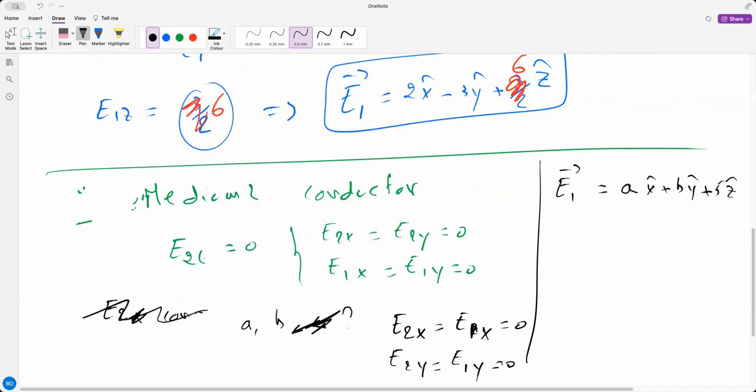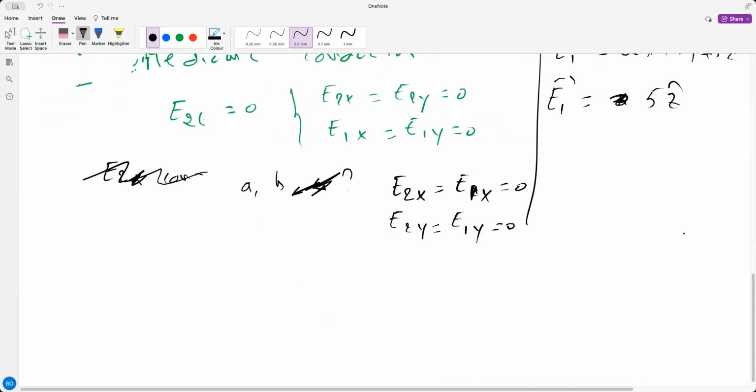So this means that E1 will have no component along X and no component along Y. E1 will only have a component along the Z axis, which is the normal. Okay. Any question?